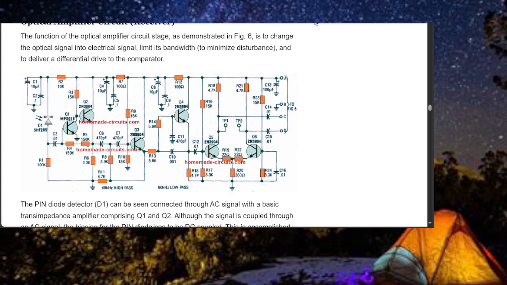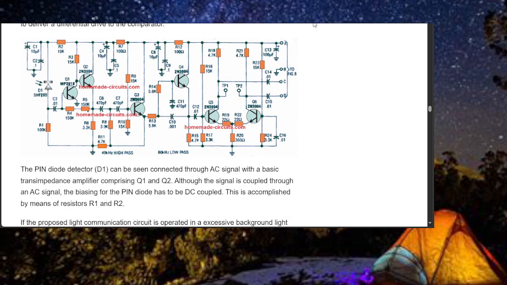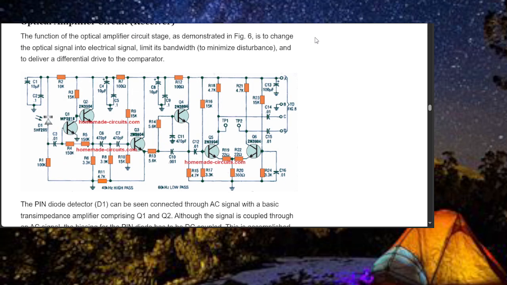There's no way I could build that and have it work. 80 kilohertz low pass, 40 kilohertz high pass. Optical amplifier stage. Figure 6 is to change the optical signal into an electrical signal. So it picks it up over here on the left. And to deliver a differential drive to the comparator.